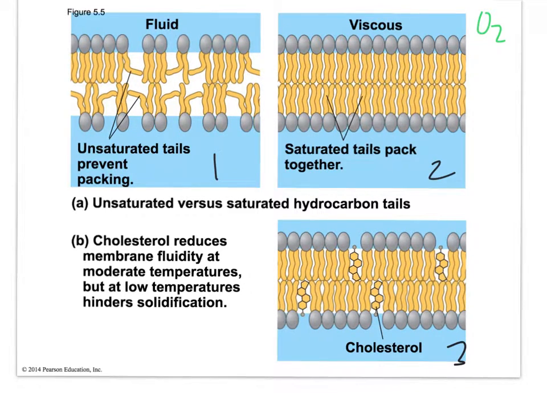There's a combination of unsaturated fatty acid tails and cholesterol that work together to prevent the situation in number 2 from happening, and you maintain the structure of the membrane and its most efficient function in transport and boundary.